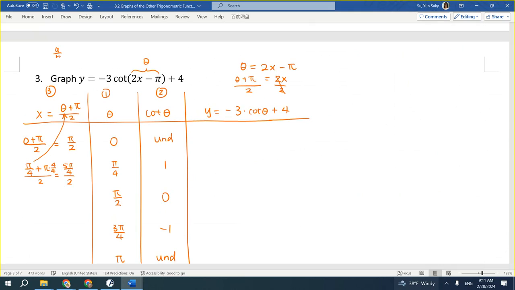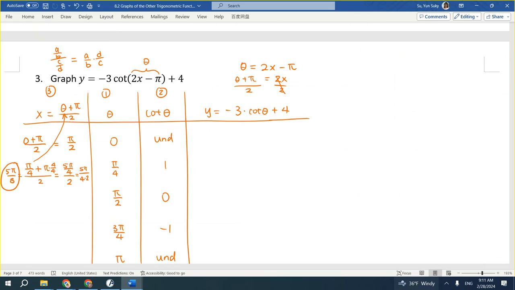And last time we said A over B over C over D is A over B times the reciprocal. When you divide by a number, it's the same as multiplying by its reciprocal. So the 2 here is like 5 pi over 4 times 1 over 2. So that's why it's 5 pi over 8.